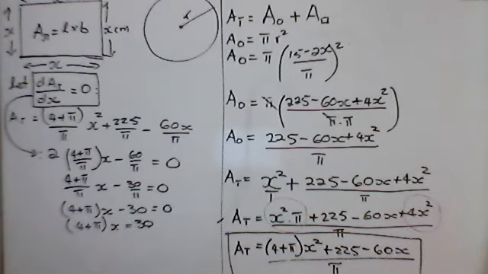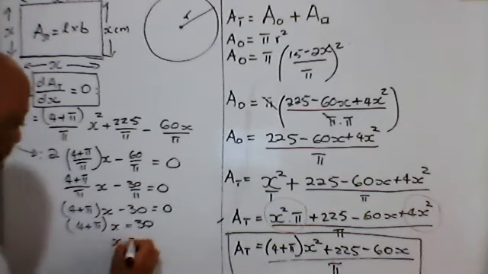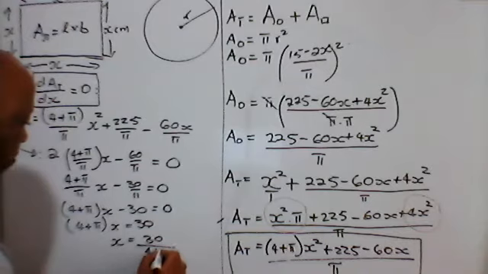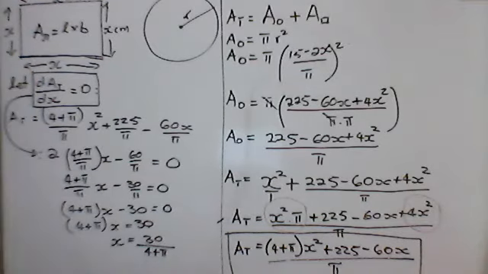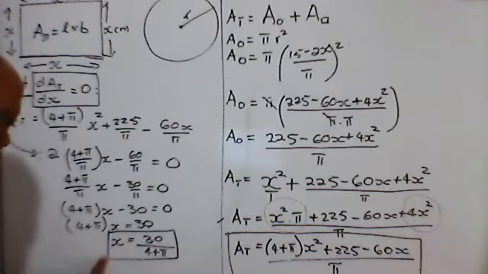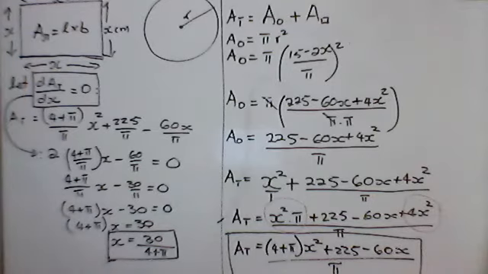Lastly, divide both sides by 4 plus pi, which gives me my x as 30 divided by (4 plus pi). This is the x that will give me a minimum combined area.